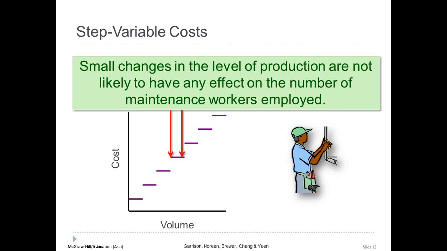So, exactly. If you imagine Toyota or General Motors, again, it comes back to a relevant range. If there's going to be 1 8-hour shift in a plant, then we probably need a certain team of maintenance workers. But then let's say the sales forecast goes up, Toyota or General Motors decides to put a 2nd shift in place to produce more cars, then we would need another team of maintenance and support people.